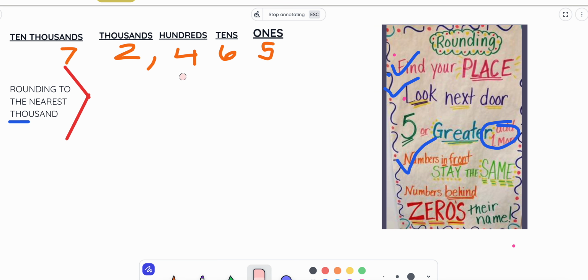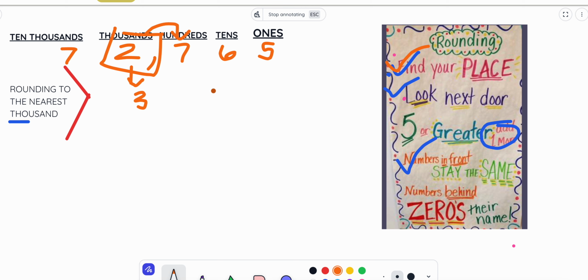Actually, let's make it 5 or greater, just for some funsies. We'll do 72,700. All right, let's round to the nearest 1,000. Let's find our place. Done. Let's look next door. Is it 5 or greater? Yes, then I need to add one more.